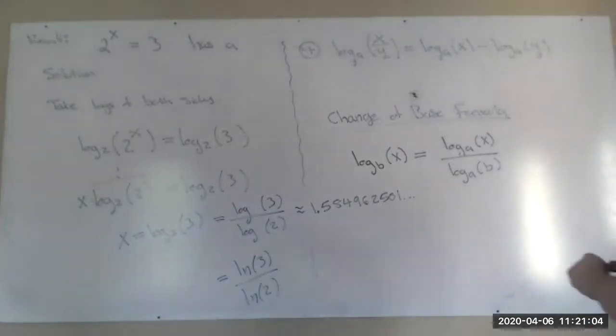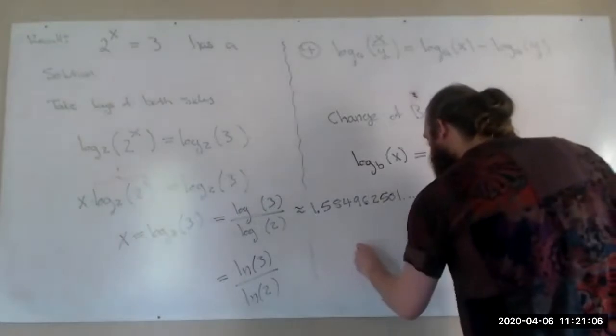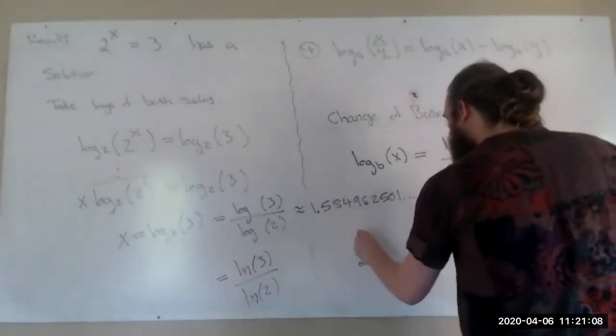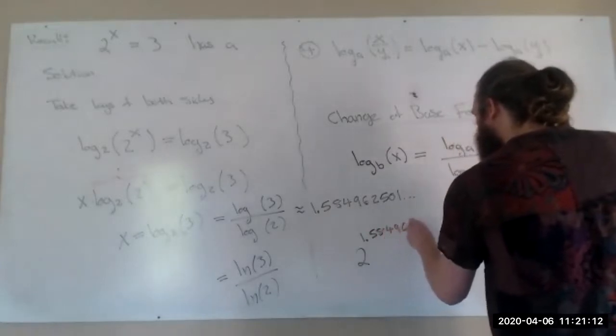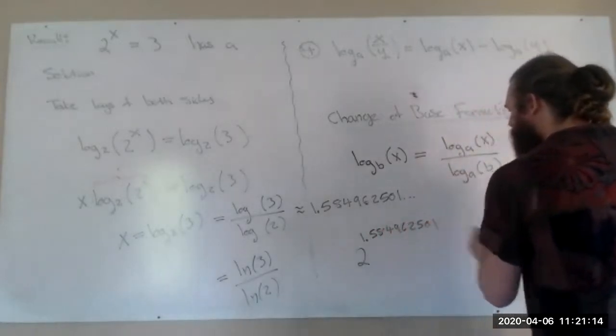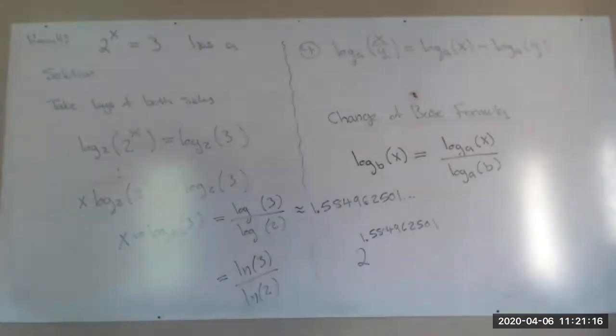So this means if I take 2 and I raise it to this power, I should get 3, or something very, very close to 3. To do that, I hit 2, and then the button above the division symbol, a little upward pointing arrow called a caret, that gets you into the power.